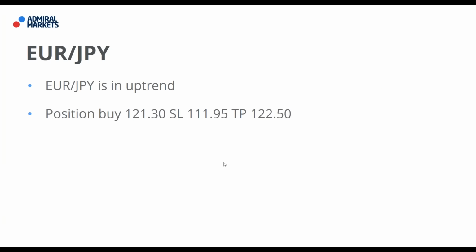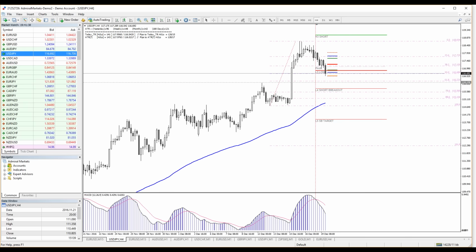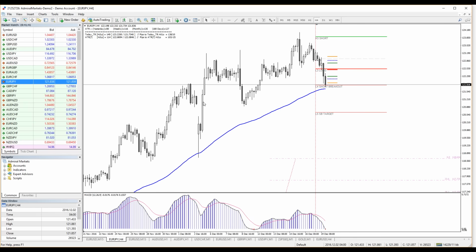Finally, euro yen. 121.30 is entry. Then stop loss is 111.95. TP is 122.50. So euro yen here, guys, 121.30. Now this is indeed some sort of support, but lower is where we see buyers.